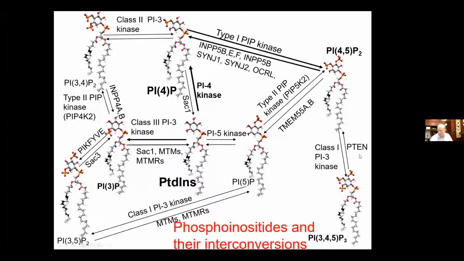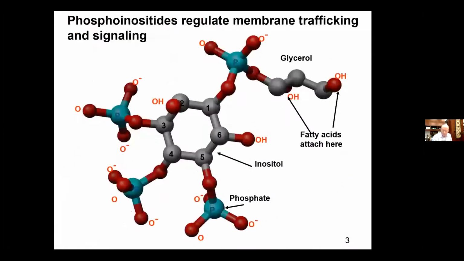And both PI3 kinase and PTEN, the phosphatase that reverses that process, have received a lot of attention because of the involvement of this class of proteins in cancer. But we've yet to find a really important role for those in the cells that we've looked at in the retina, although perhaps a somewhat minor role in cone cells.